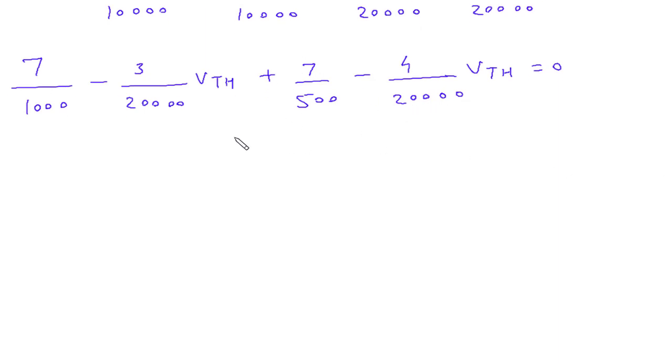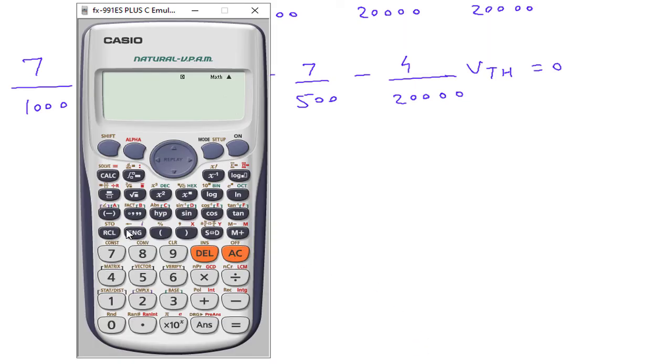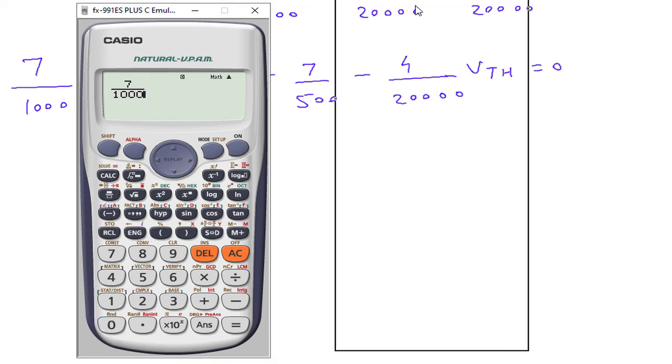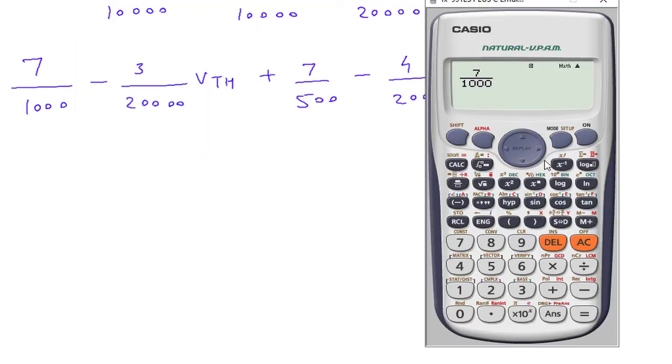Then this will be 7 by 1000 plus 7 by 500, so this will be 0.021.